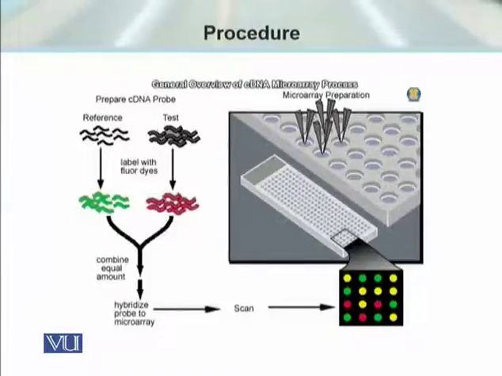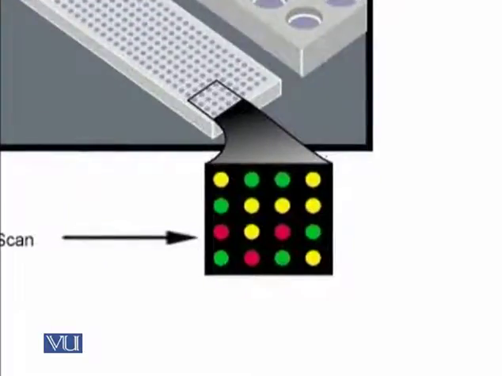And if a particular spot hybridized with both the cDNA samples, then green and red color is going to give a yellow colored appearance, which is quite much visible here in this picture. The green color reflects sample number 1, red color reflects sample number 2, and yellow color reflects the messenger RNA or the gene expressed in both the samples.